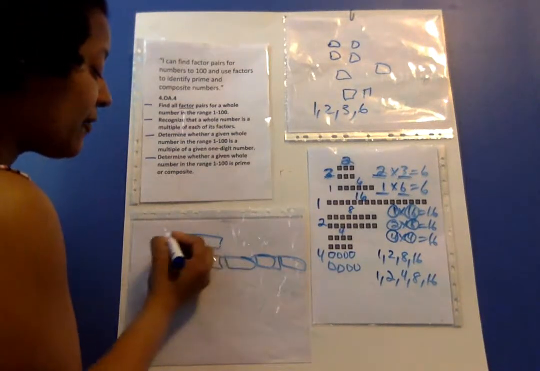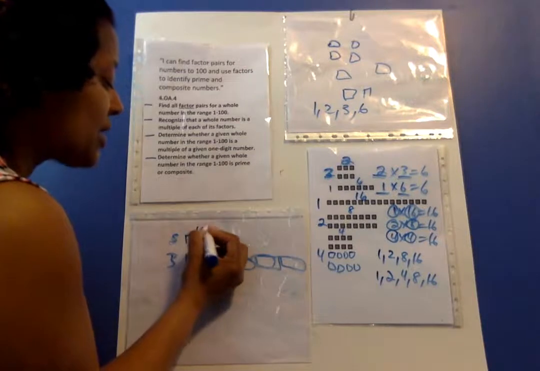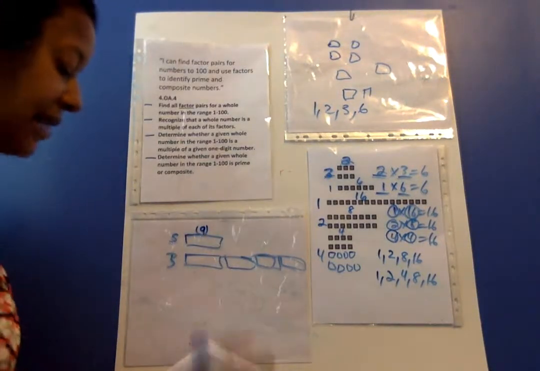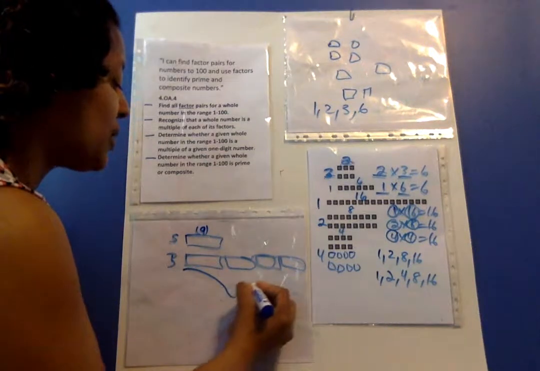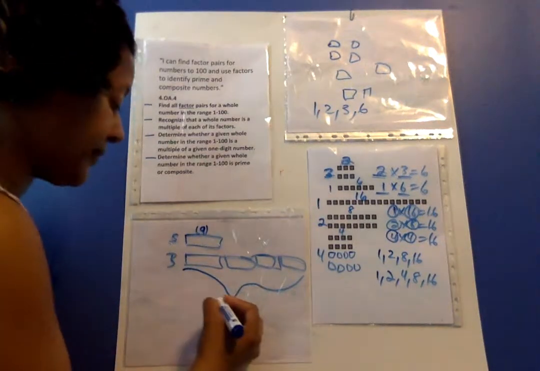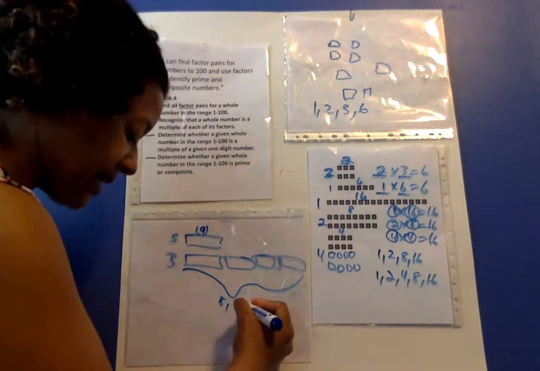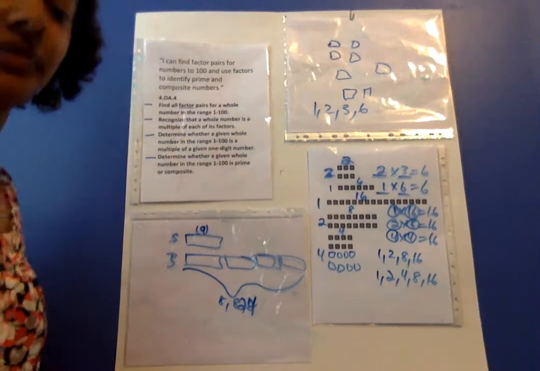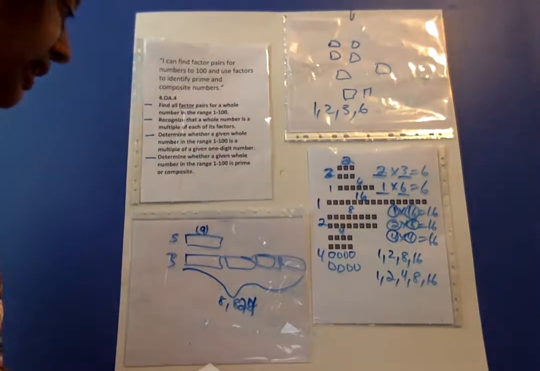So we're going to say for S, which is the skateboard, we're solving for A. That's an A. And then this is 4 times the amount. So that's 8,824.